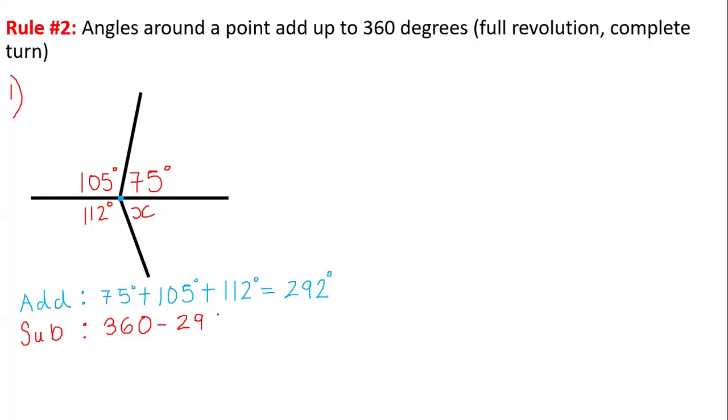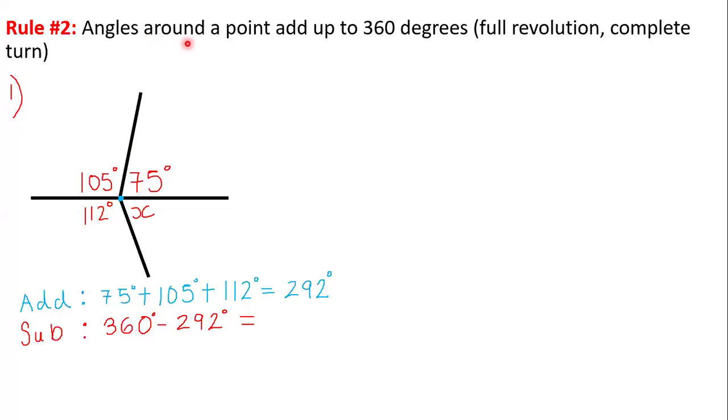Nehemiah. Yes, sir. Good. After you already add the 75, the 105, and the 112, what do we have to do in order to get our answer? You haven't reached there yet? Okay, let's walk through it. So what does the rule say? Read the rule for me.